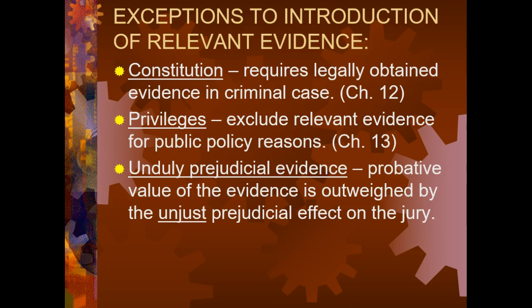And so if we find evidence that was not legally obtained under the Constitution, let's assume that police just break into your house without a search warrant for no good reason, and they come in and they find something and they now want to prosecute you with that. That's a violation of the Fourth Amendment. No unreasonable searches and seizures. The court will exclude it, even though there's no evidence code that says it's to be excluded.